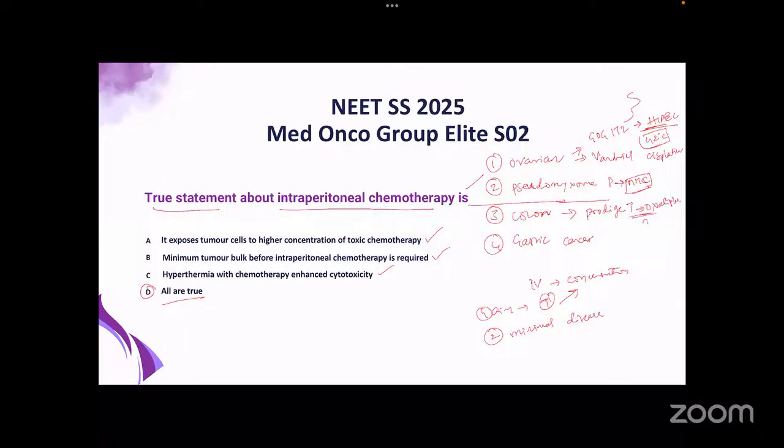This was a negative trial. For gastric cancer, the latest trial, which came this year, is the GASTRIPEC trial, which used mitomycin C and also cisplatin. So remember the names of the drugs used and the important trials.